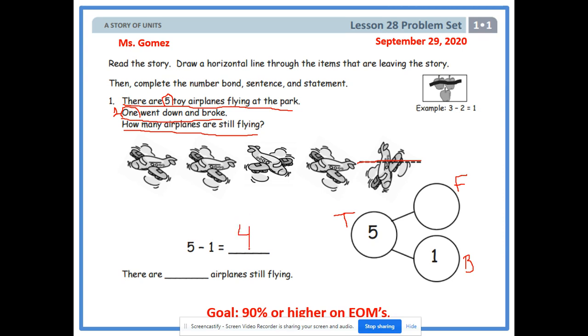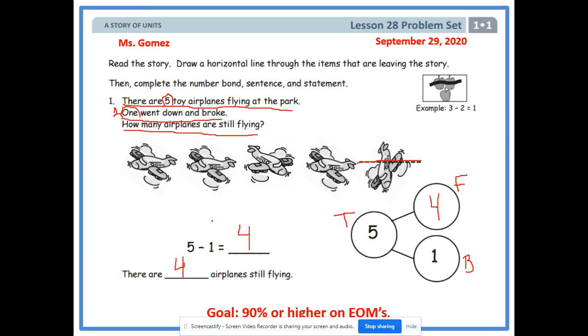So let's go ahead and write a 4 in our number bond, in our number sentence, and let's also write it in our statement because they already wrote the statement for you. They gave you a sentence frame. There are blank airplanes still flying. How many airplanes still flying? Get ready. Yes, 4. So go ahead and write a 4 there too.